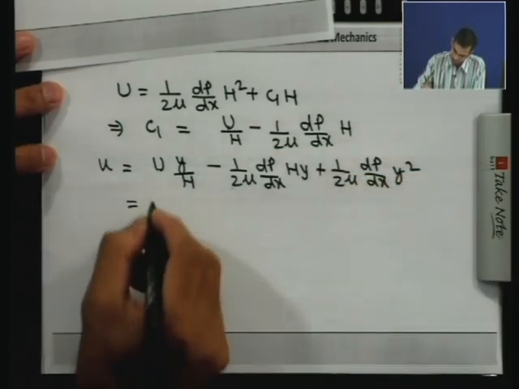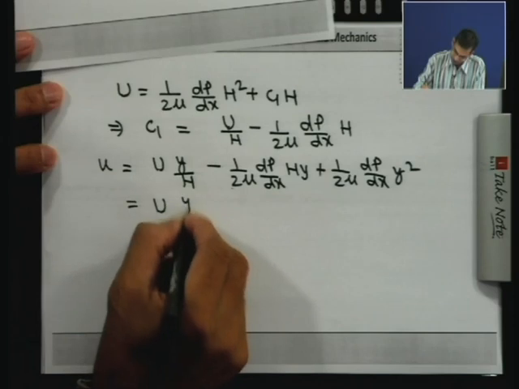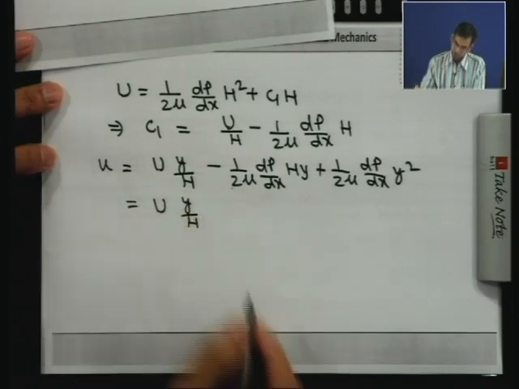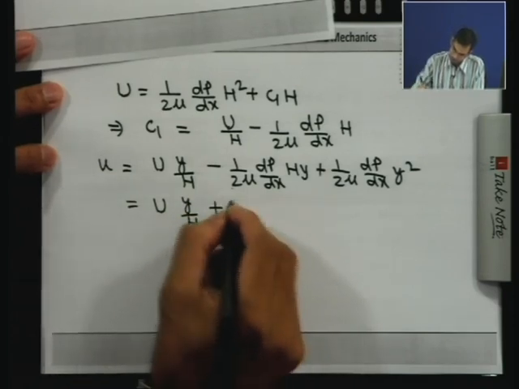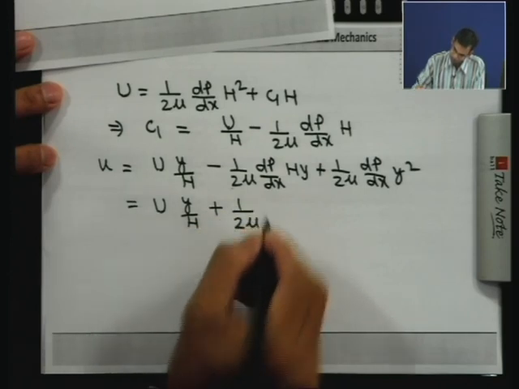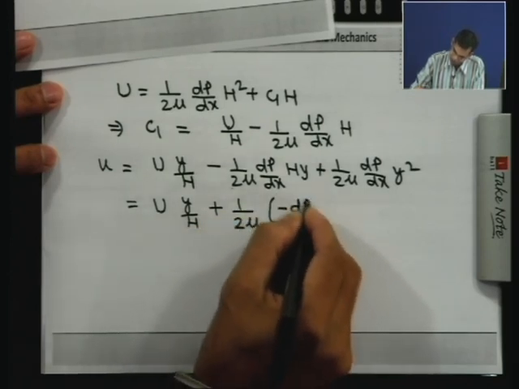If we arrange this a little bit, we will get 1 by 2 mu, let us have minus dP/dx.